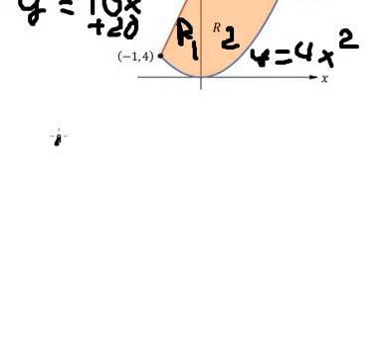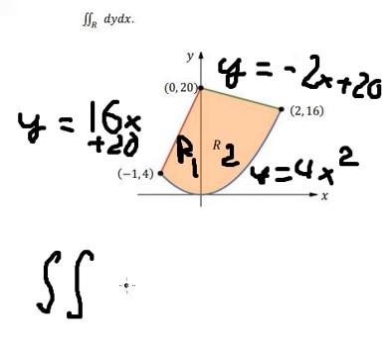So the first one, we have dy. We see that y is between 4x squared and 16x plus 20.